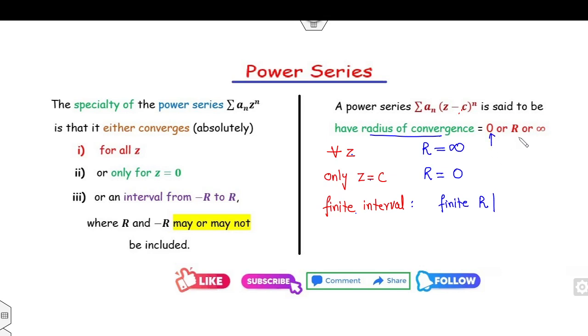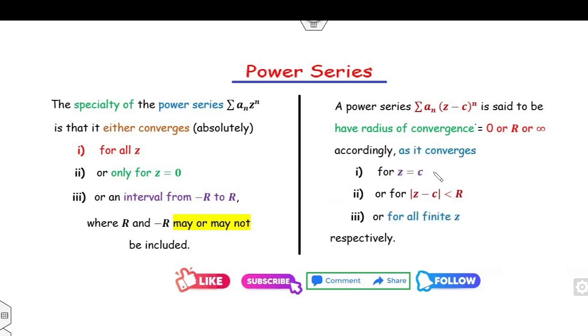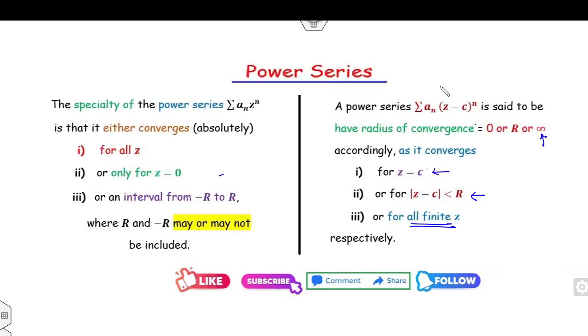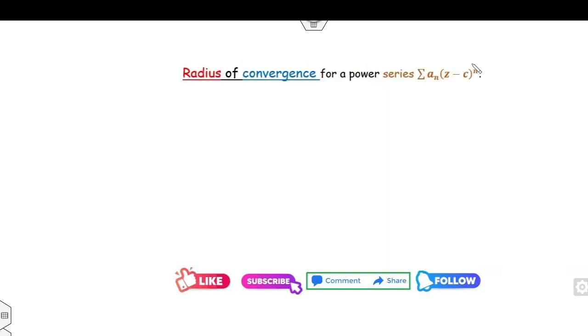That means there are three cases: 0, r, and infinity. So 0 occurs only when it converges at the center, r occurs for finite intervals, and infinity occurs for all the values of z. Now, here we are talking about r, that is the radius of convergence. So what is the meaning of the radius of convergence?